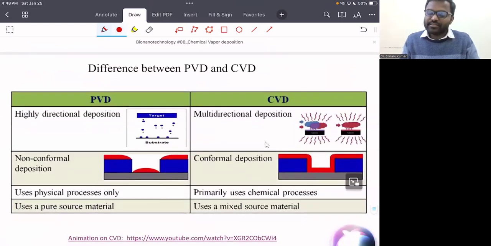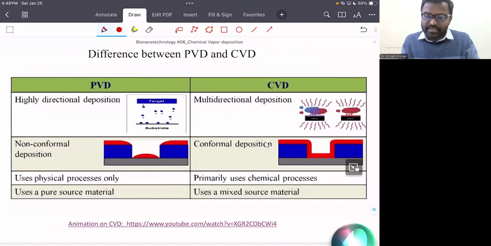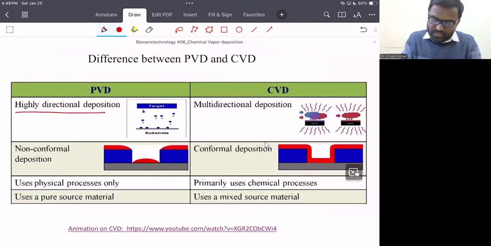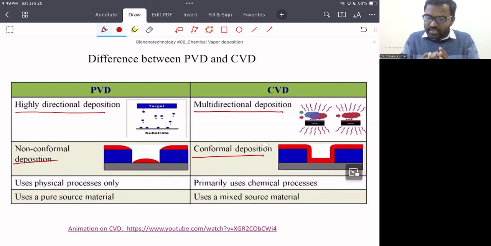If you want to compare the difference between the CVD and PVD, in PVD we have the highly directional depositions, but in the CVD we have the multi-directional deposition. So we'll get the homogeneous kind of deposition on all edges here. The second is non-conformal deposition in PVD, however, in CVD we have the conformal deposition.